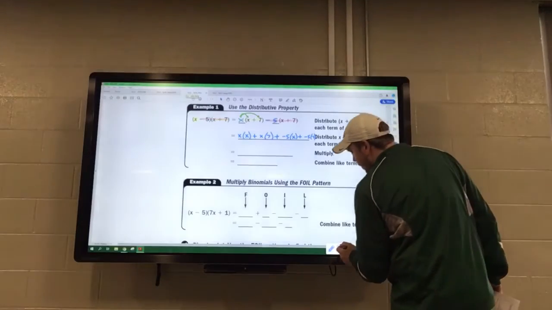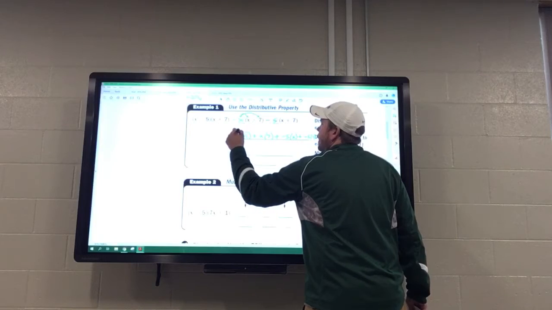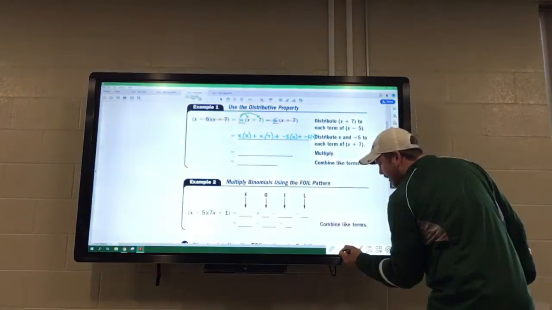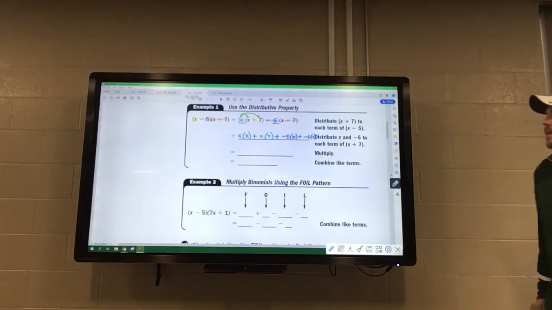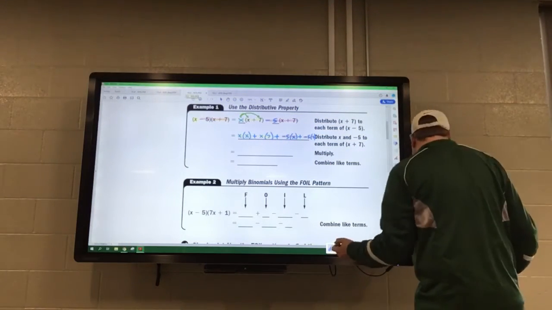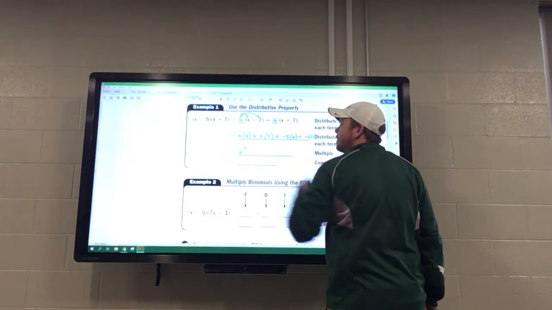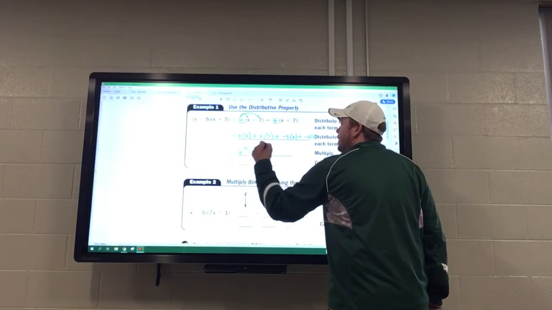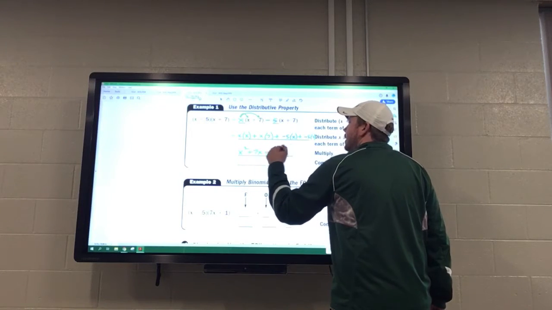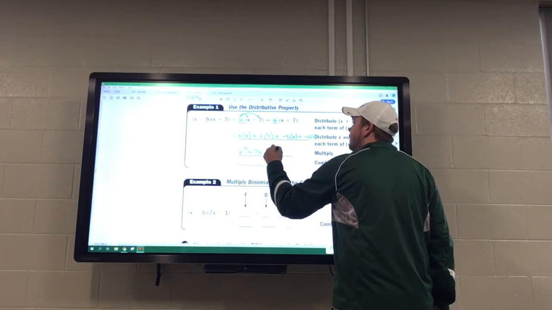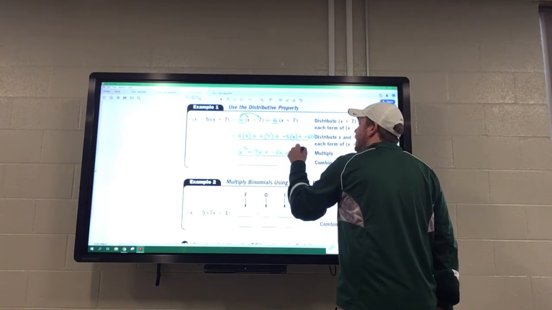So we distribute that x to the x and the 7, and then we distribute that negative 5 to the x and the 7. Let's go ahead and multiply those out. X times x is x squared, plus x times 7 is 7x, plus negative 5 times x is negative 5x, plus negative 5 times 7 is negative 35.